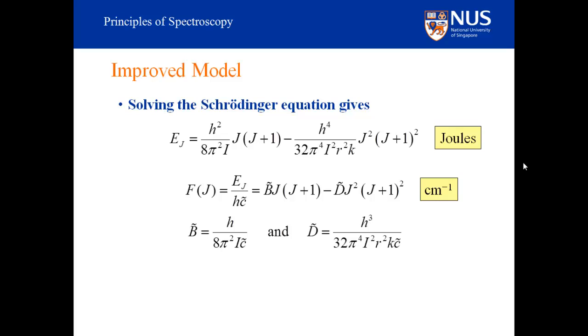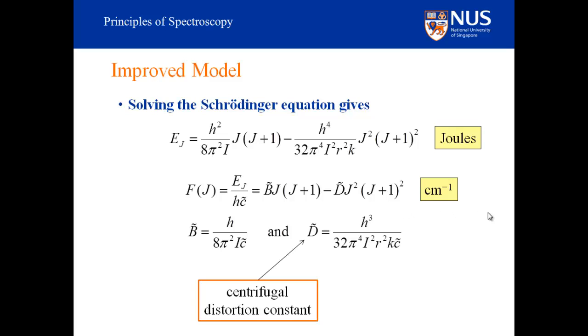So if I write this in terms of B and D, and in terms of wave numbers, then my energy is equal to B times J into J plus 1 minus D times J squared times J plus 1 all squared. My rotational constant is as before, but now notice that my centrifugal distortion constant D here depends on k.